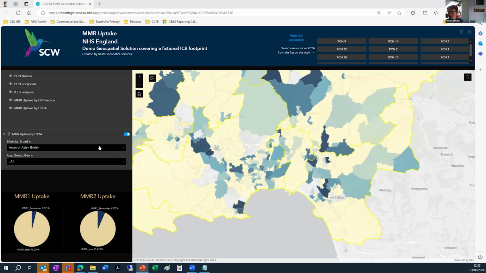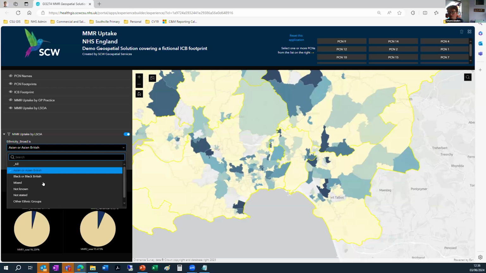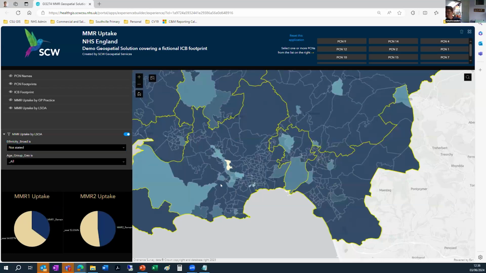Let's take a look at a different group. If you look at the group "not stated", that basically means either the person doesn't want to tell us, they're withholding information, or generally the data quality is poor. In this subset, which isn't a tiny number of people, it's 30,000 out of 200,000, suddenly the MMR2 rate is really low.